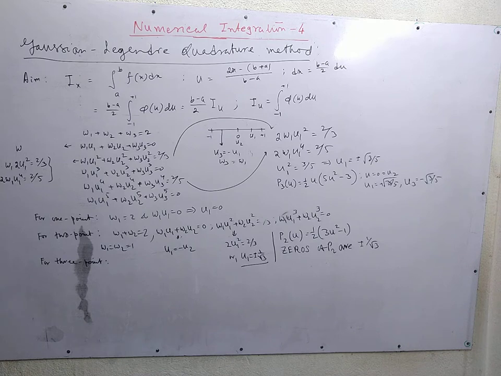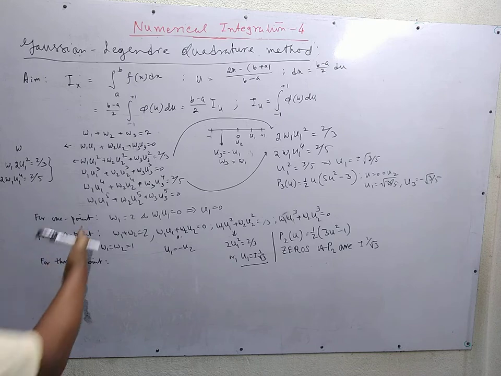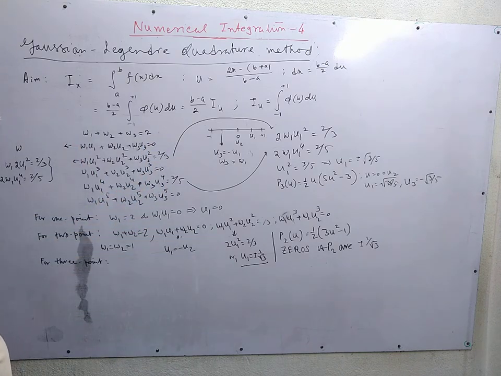So we need not solve all these equations for determining u's. The u's are obtained, and then the task remains to evaluate w. A general expression for w can also be formed, but we are not going into this complicated algebra.